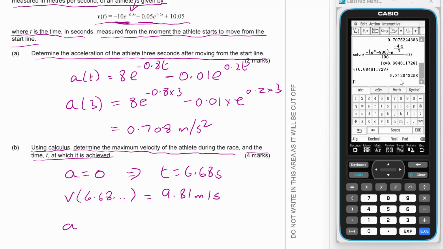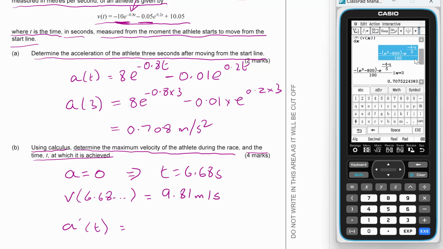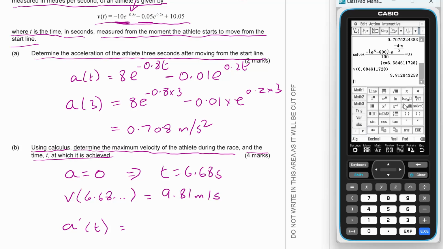Now we might need to show that this is in fact a maximum. So we've got a dashed, not x, but t. It's x on the calculator. So this was our expression here for the derivative. Let's just copy that, and we're going to differentiate with respect to x.